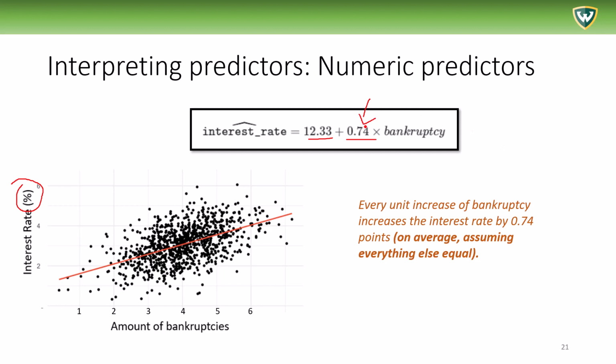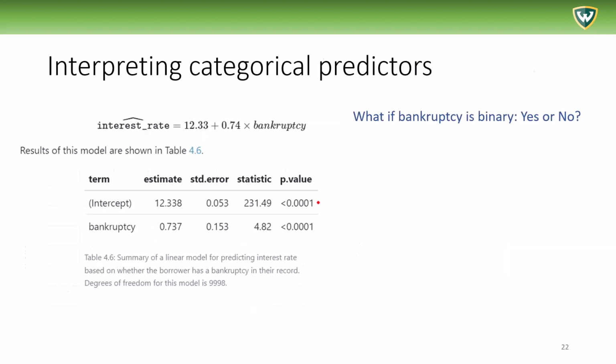So on average, assuming everything else equal, every unit increase of bankruptcy increases the interest rate by 0.74. So this interpretation is very important to remember, and keep thinking about this, write this down, and memorize how to interpret the coefficient and its impact on the outcome variable.